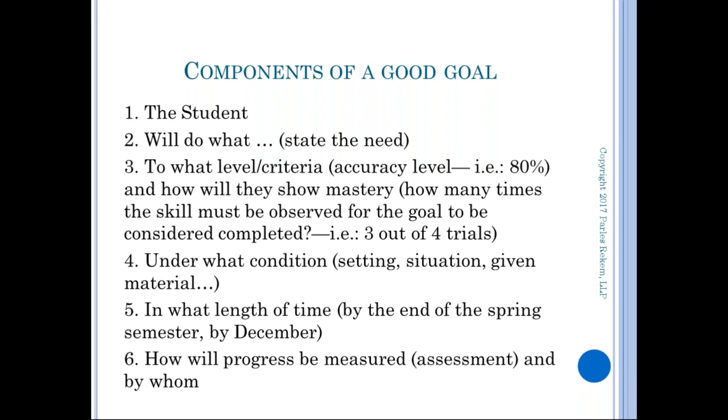It's not about saying, in a year's time, how much progress will a child make. It doesn't mean we have to wait until June to find out if they master the goal. And finally, we have to figure out, as a team, how will progress be measured, what assessment is going to be used to measure that, and by whom?